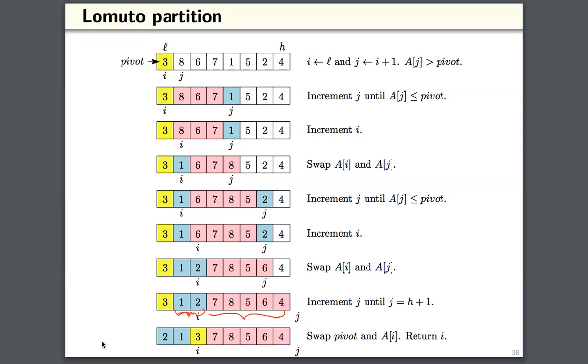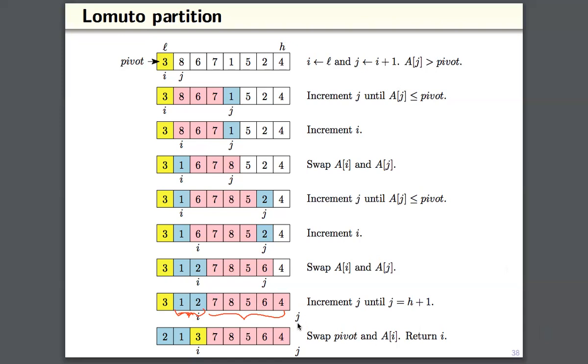The only thing you need to make sure is that the yellow element, the pivot element, comes after all the blue elements. A of i, or i, points to the last position where the element is less than 3, and j points to the last element where A of j is greater than 3.